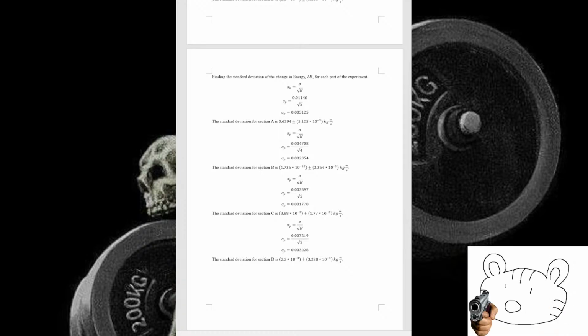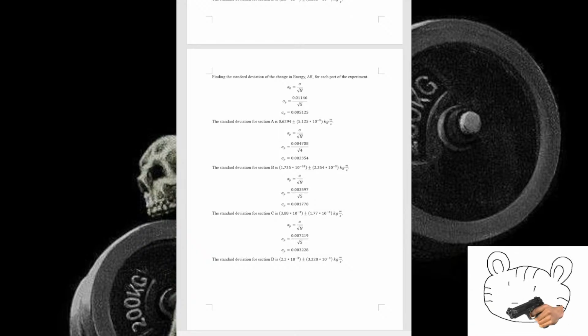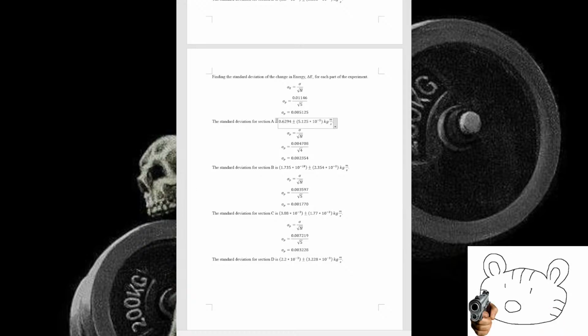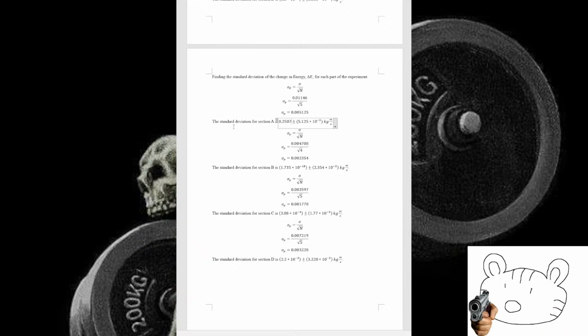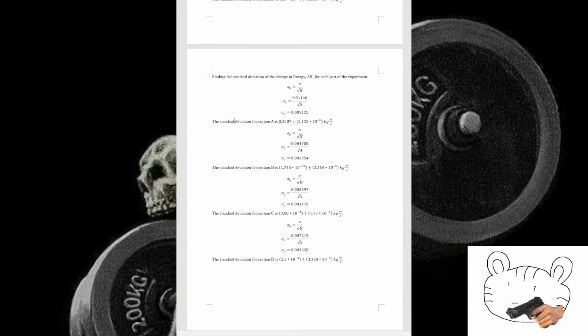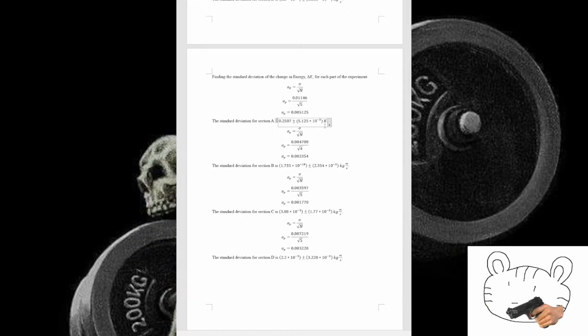And the change in energy, we got a mean of 0.02507. And these are in joules. Wrong letter. There we go. Joules.